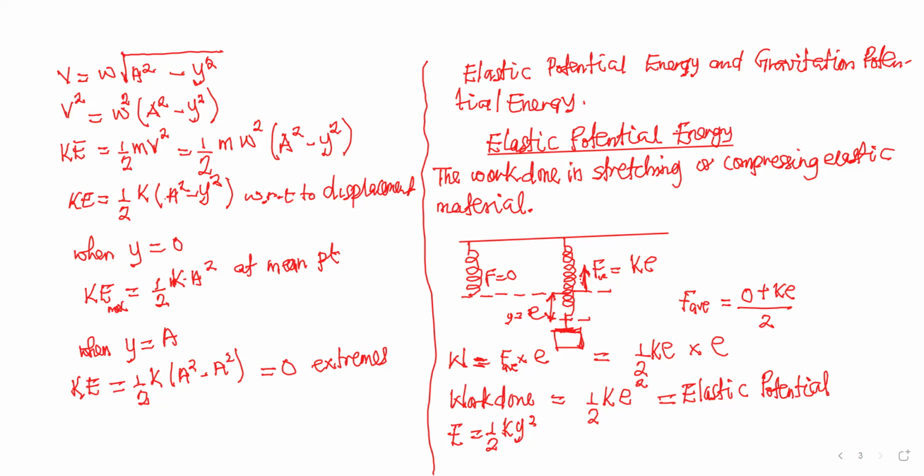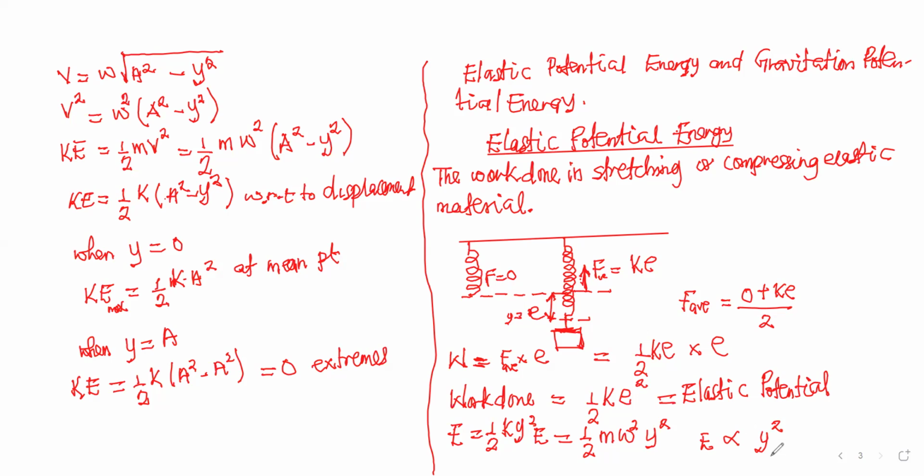Elastic potential energy. And since K is equal to M omega squared, elastic potential energy is also equal to half M omega squared times Y squared. And so by this, we can determine where elastic potential energy can be maximum and where it can be minimum. Elastic potential energy is directly proportional to the square of the extension or the displacement.